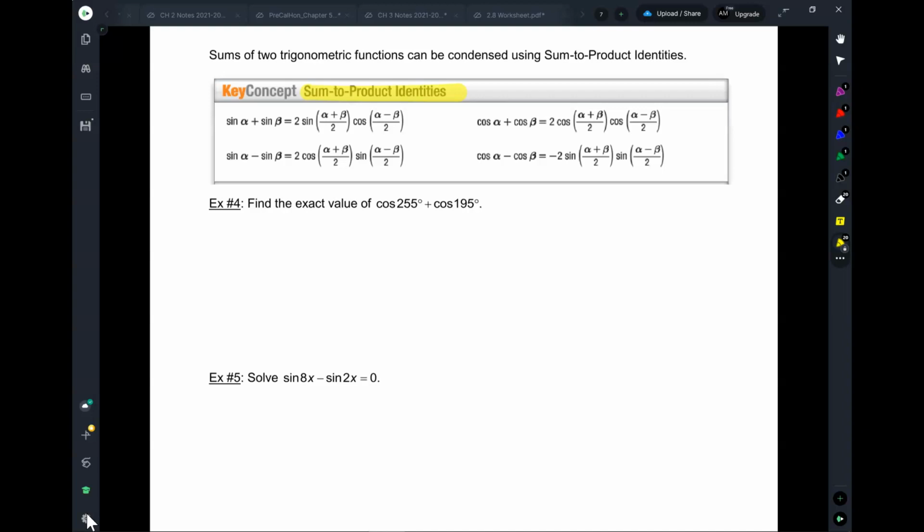Oh, that's where I've seen these. Notice this is not the same as cosine of A plus B like in section 4. Okay. So, I'm going to use this one.